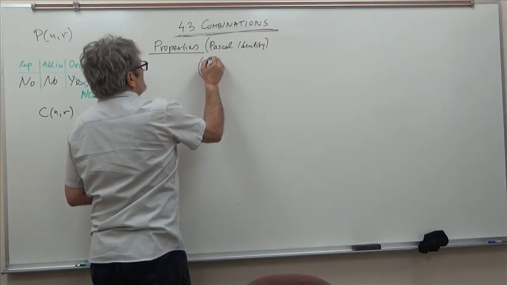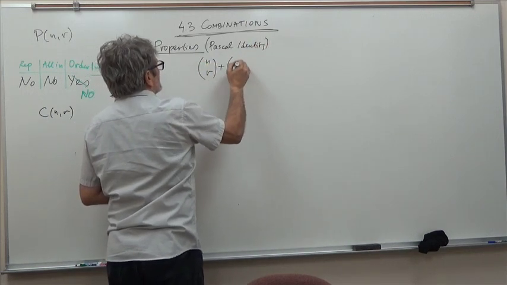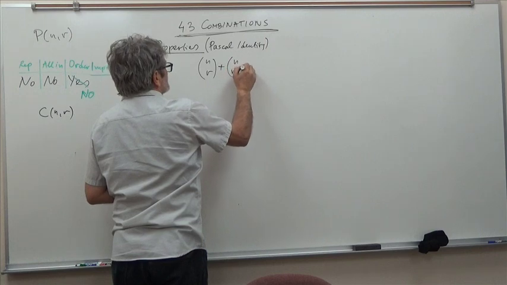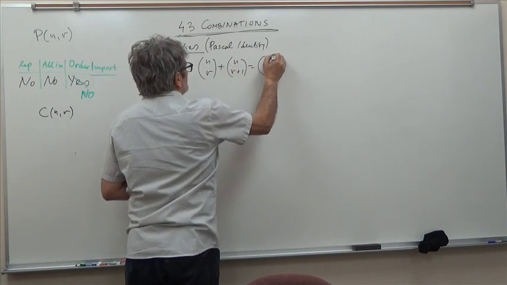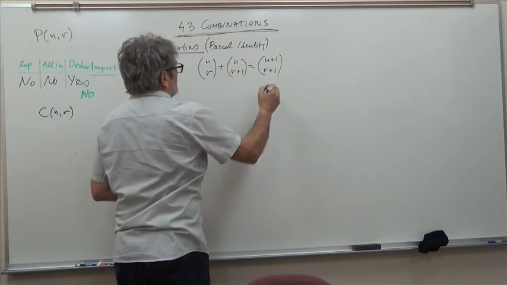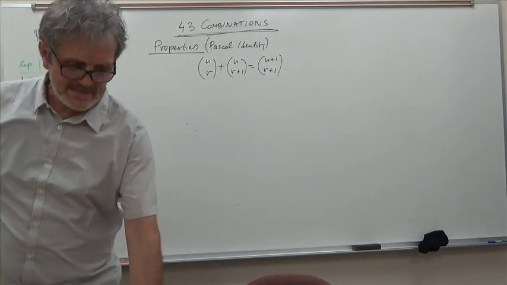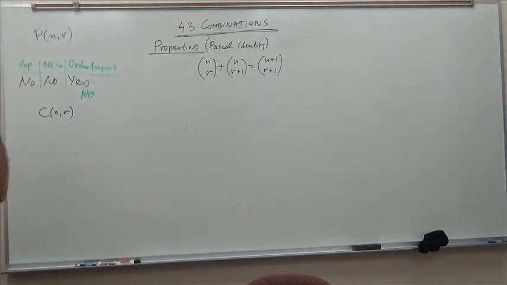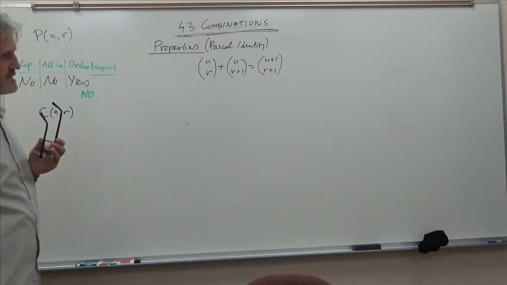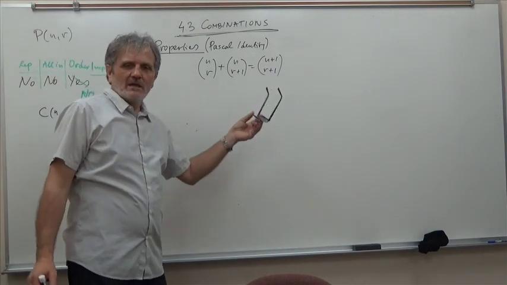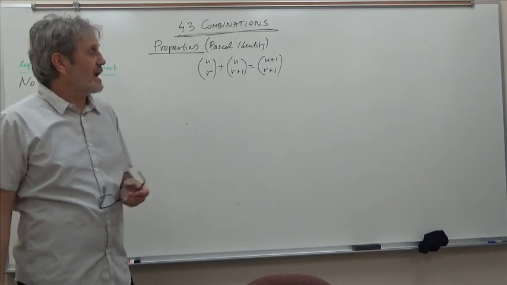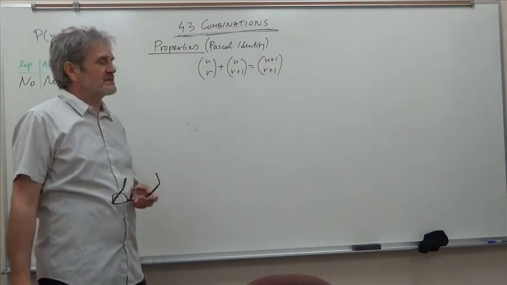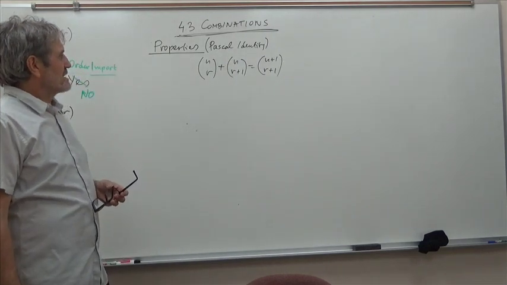It says the following: n choose r plus n choose r plus 1 equals n plus 1 choose r plus 1. What's this telling us? In the next section, when we build Pascal's triangle, you will see even more nicely how this looks geometrically.